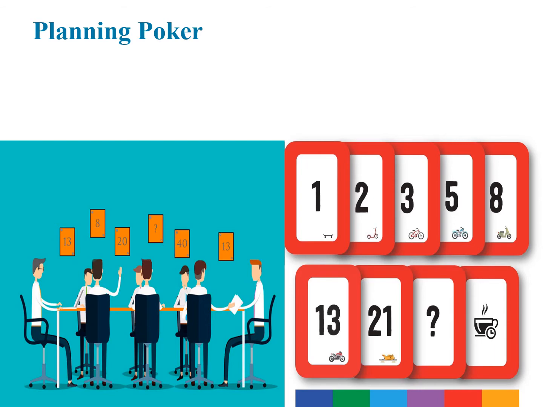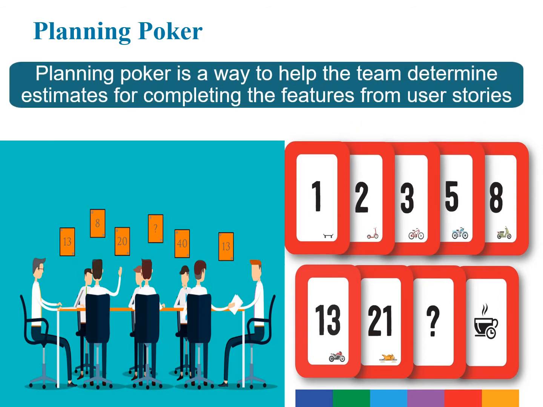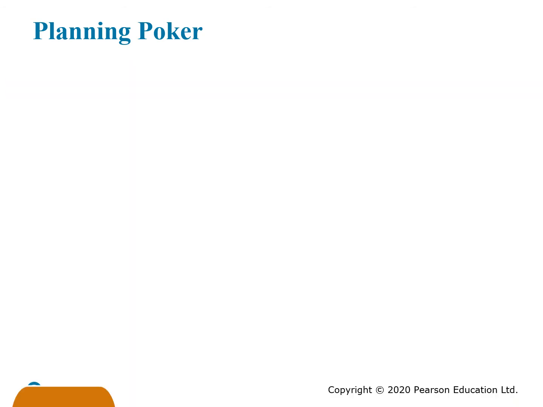Planning poker, or what we call Scrum poker, is a consensus-based gamified technique to estimate the complexity and effort needed for the software features. So it is a technique to help the team determine the estimates for completing the features from the user stories.